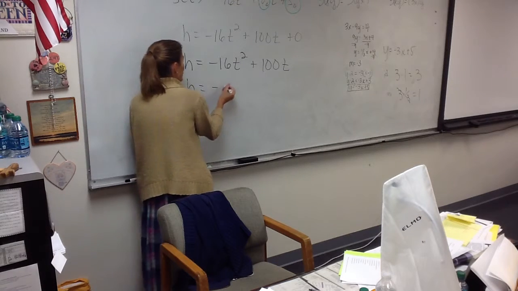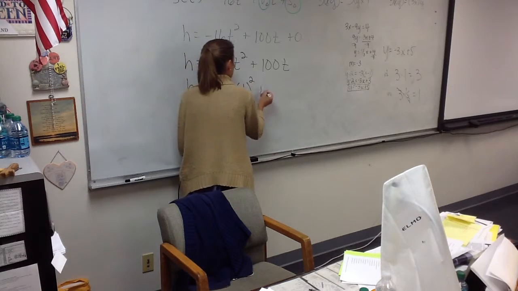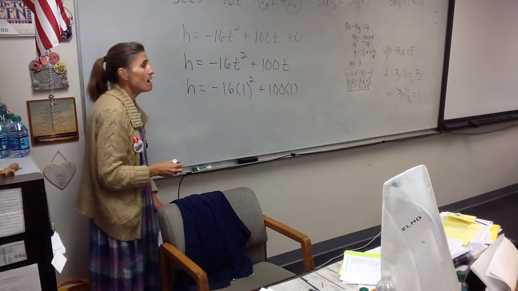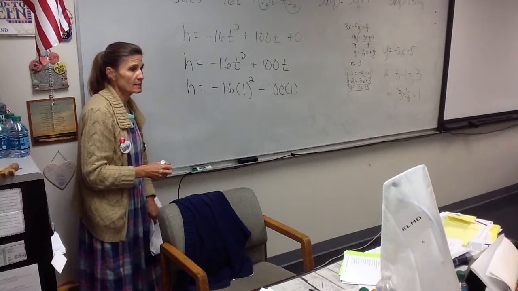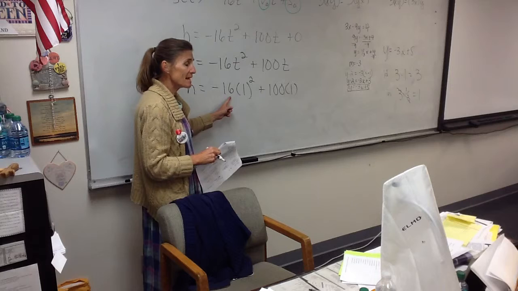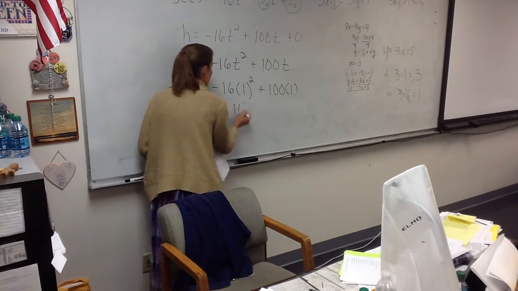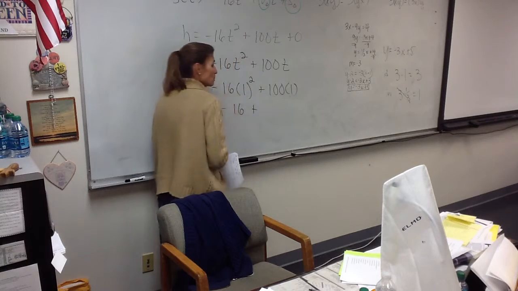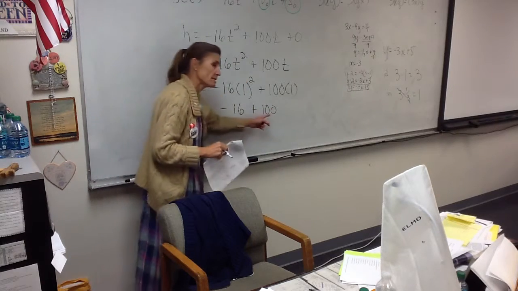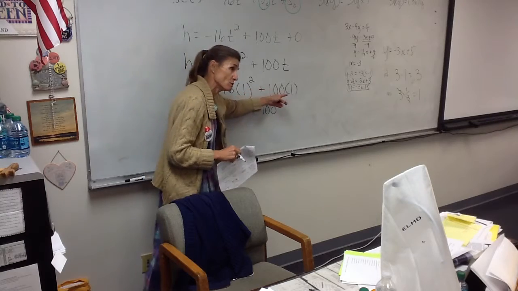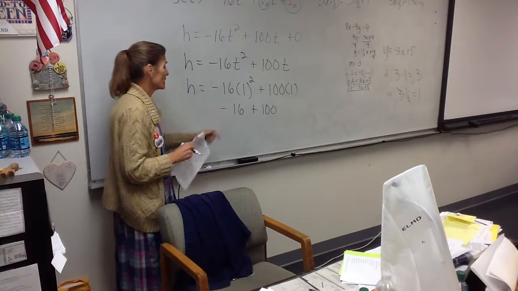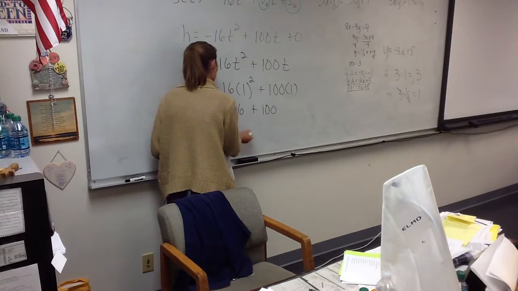So h equals negative 16 times 1 squared plus 100 times 1. Let's not use our calculator on this, kids. What is 1 squared? 1 times negative 16 is negative 16. What's 100 times 1? 100. If you want to use your calculator to figure this out, it's okay, but I'm afraid you're going to get confused. 1 squared is 1. You don't need a calculator. So the answer is 84 feet.